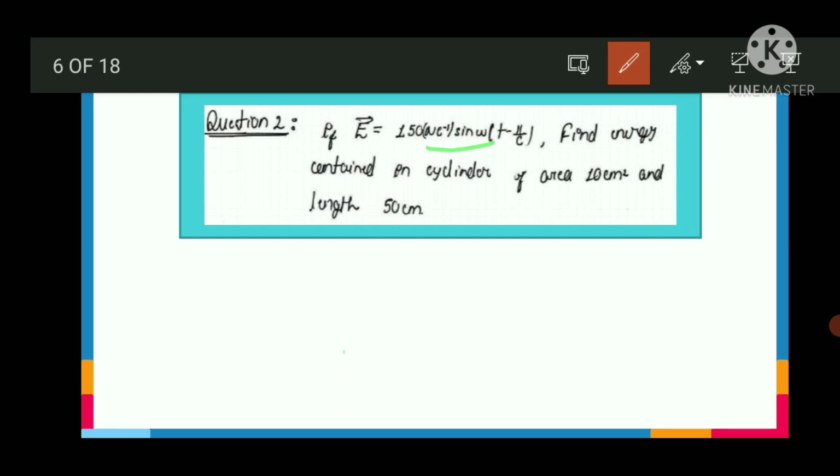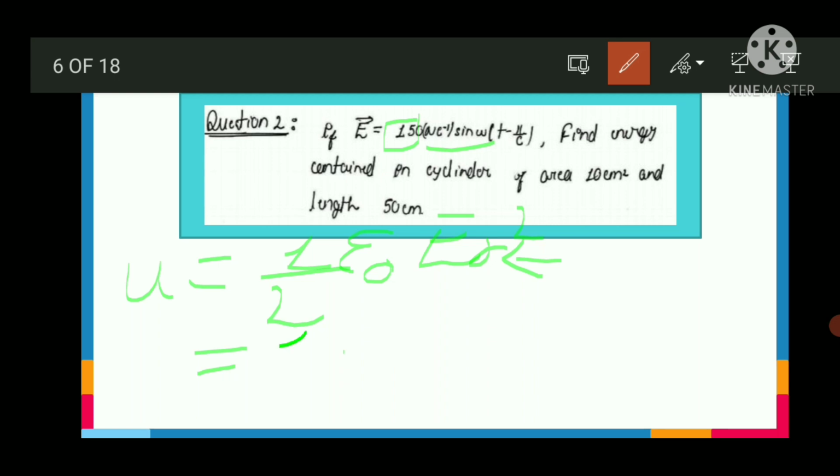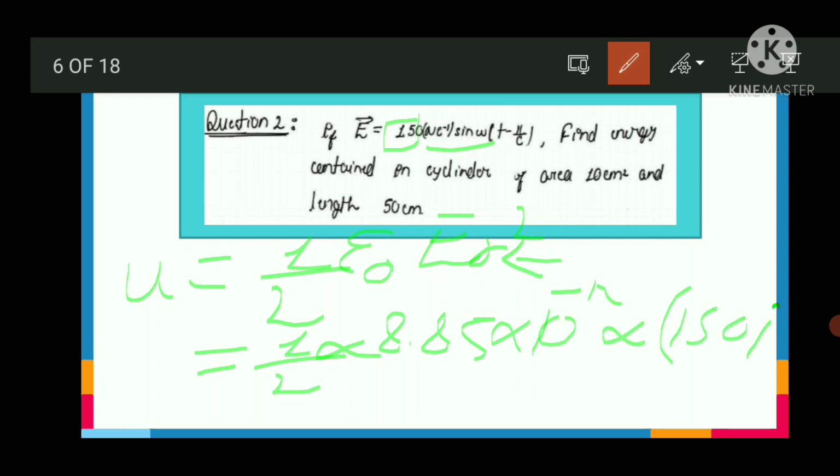So I think you know one formula, energy density U equals half epsilon naught E naught square, where E naught is the maximum value of electric field, which is given in the question as 150. So just putting the values, half, epsilon 0 is 8.85 into 10 to the power minus 12, into E naught 150 whole square.